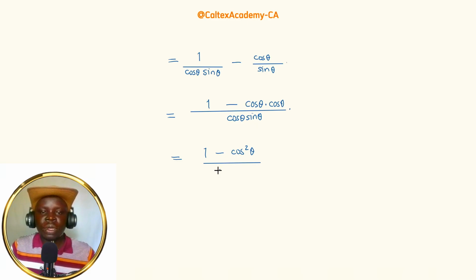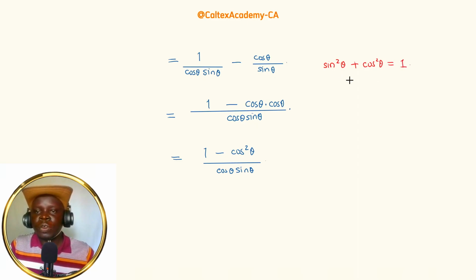So when you take a look closely also in the numerator, you can see that from one of our identities, that is grade 11, we have sine square theta plus cos square theta equals 1. Therefore, if we happen to make sine square theta the subject, we will obtain 1 minus cos square theta.